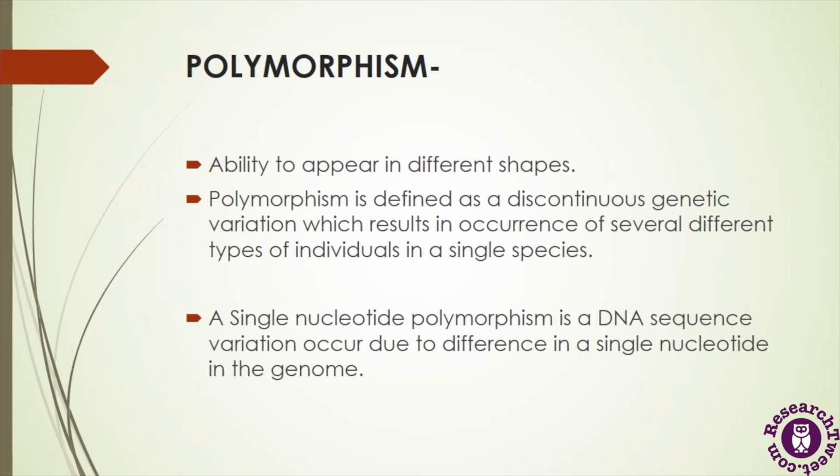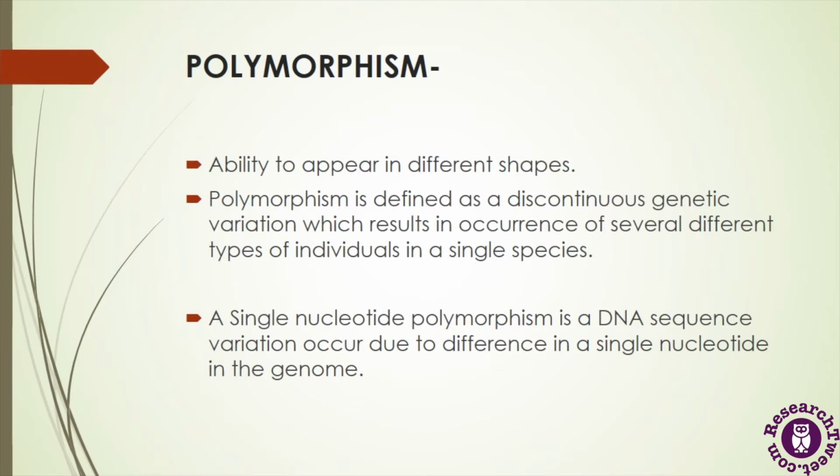In genetics, polymorphism is a condition where different individuals of a single species occur due to variations in the nucleotide sequences. This condition is called polymorphism, and a single nucleotide polymorphism is known when a DNA sequence variation occurs due to a difference in a single nucleotide in the genome.